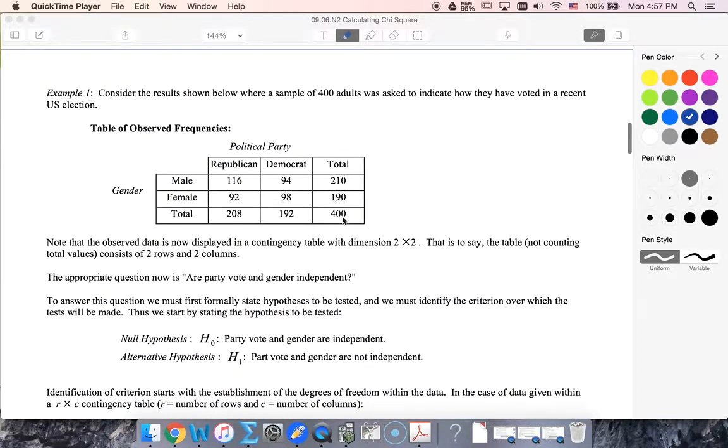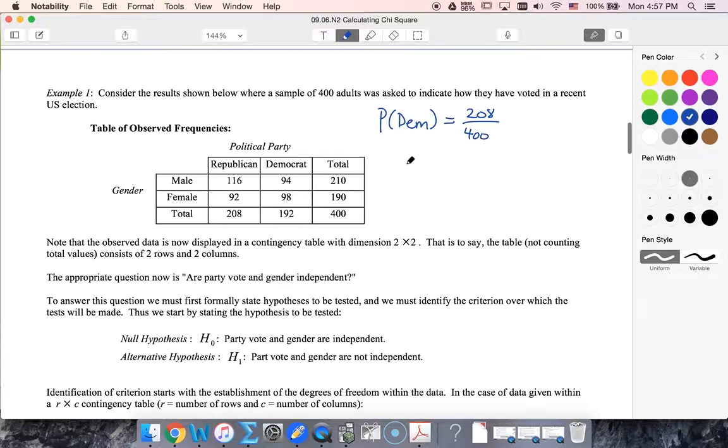We have 400 people who voted, 208 voted Republican, 192 voted Democrat. There were 210 men and 190 women. Based on these values, we can see that our probability of voting Democrat was 208 out of 400.